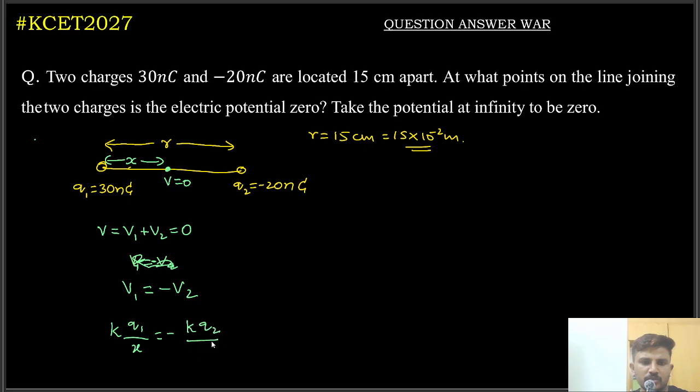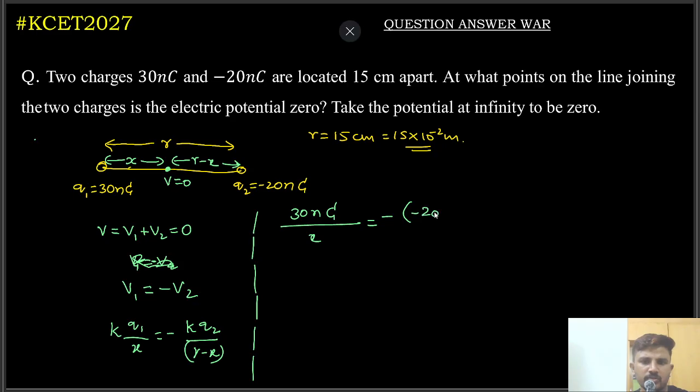K Q2 by r minus x, because this distance will be r minus x as the total distance is r. So K gets cancelled. Q1 is 30 nanocoulomb divided by x, which is equal to minus Q2, which is minus minus 20 nanocoulomb, divided by r minus x. So minus gets cancelled.